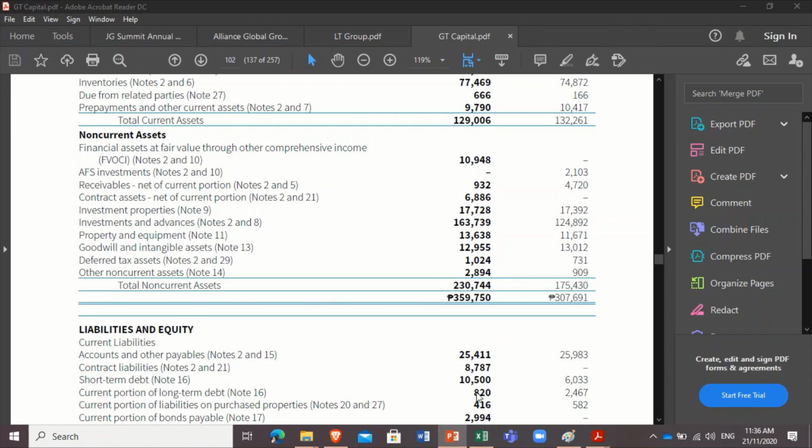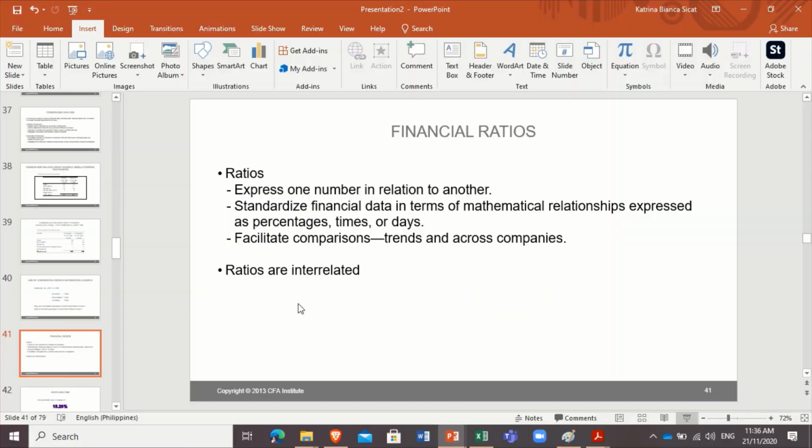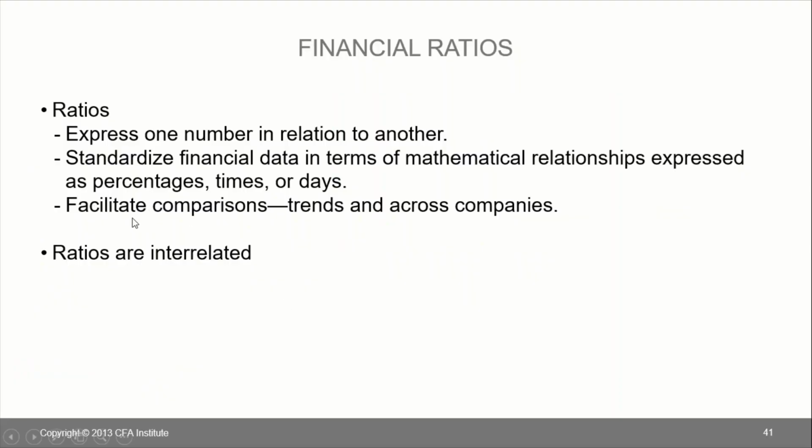Okay, so going back to my discussion, like I said, it facilitates comparisons from the vertical analysis to the horizontal analysis, the graphical presentations. All of this is for the purpose of comparisons. So it's comparing the trends of the firm itself and the trends of other firms across the same industry.